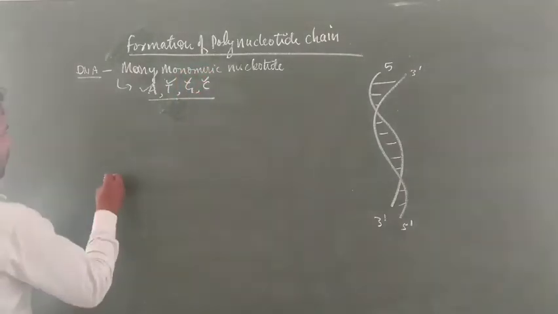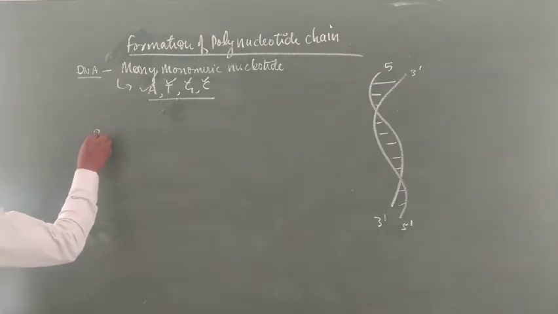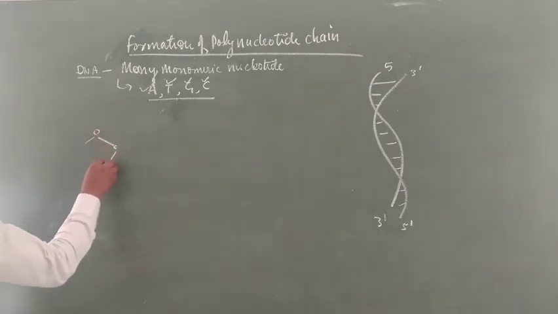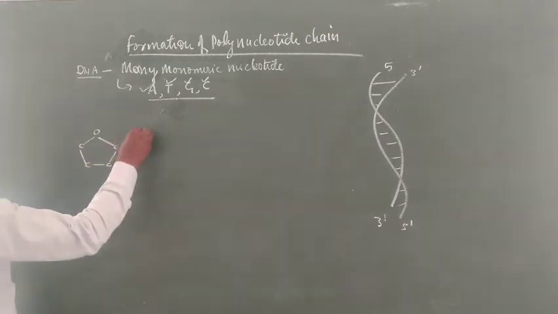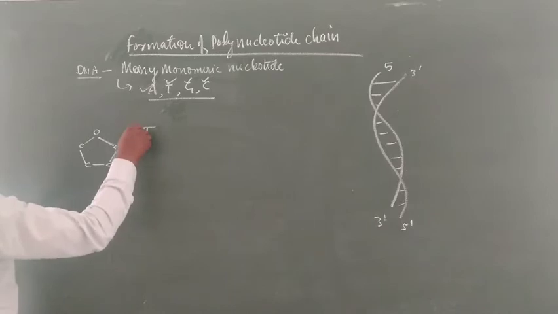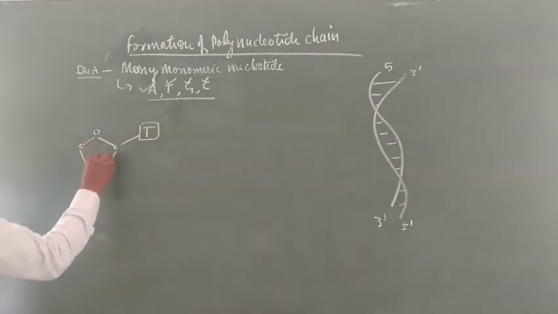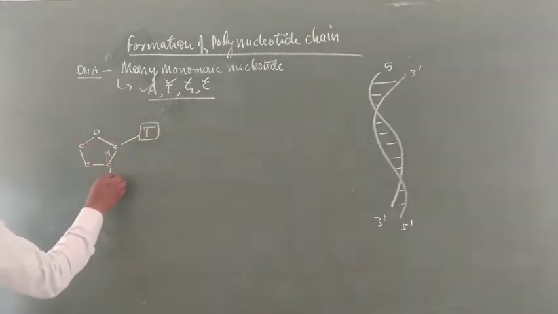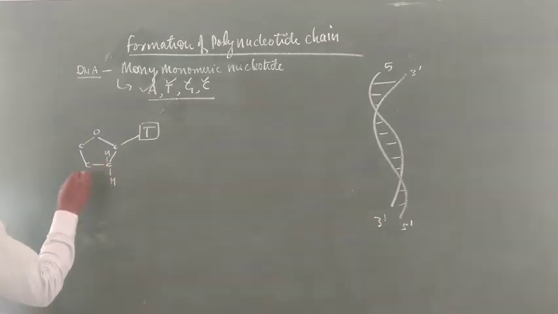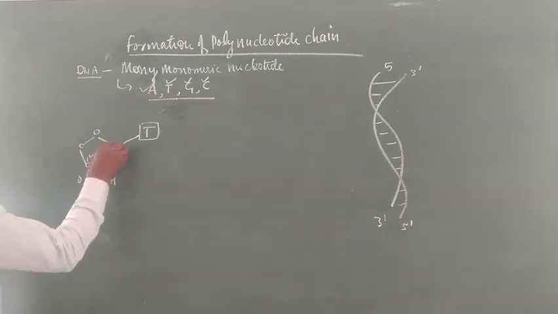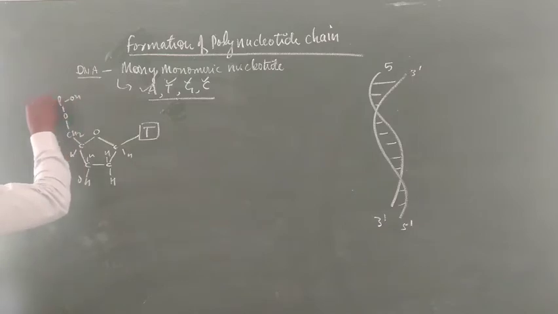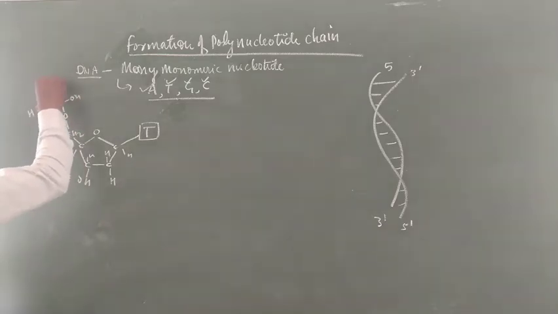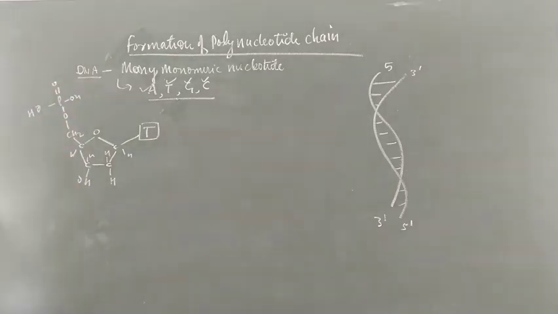Suppose we are going to prepare the formation of a polynucleotide, first we prepare a separate nucleotide. Suppose this is a thymine containing nucleotide. This is a nucleotide.